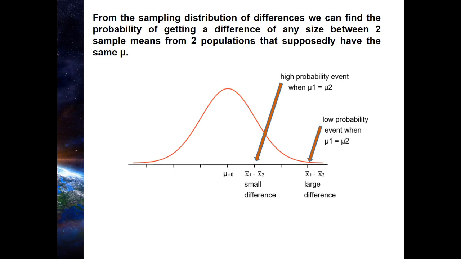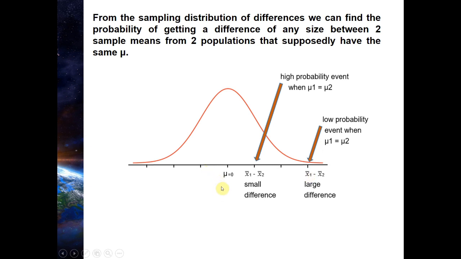Well, theoretically, we get this sampling distribution of differences. Remember, I just showed you how to do that. Exhaustively sample from each population, calculate x bar 1, x bar 2, subtract them, and plot them here.